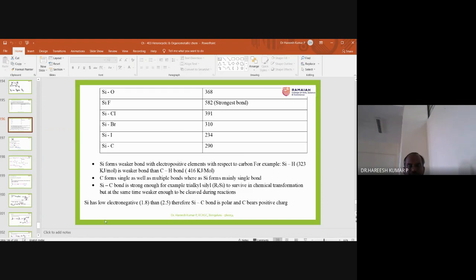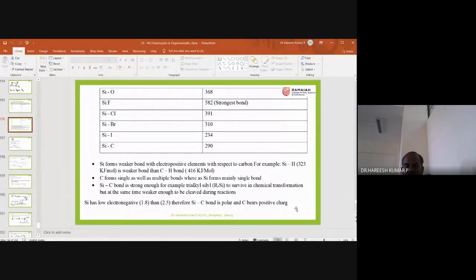So what we can say is that silicon has low electronegativity, that is 1.8, compared to 2.5 for carbon. So the silicon carbon bond is polar.